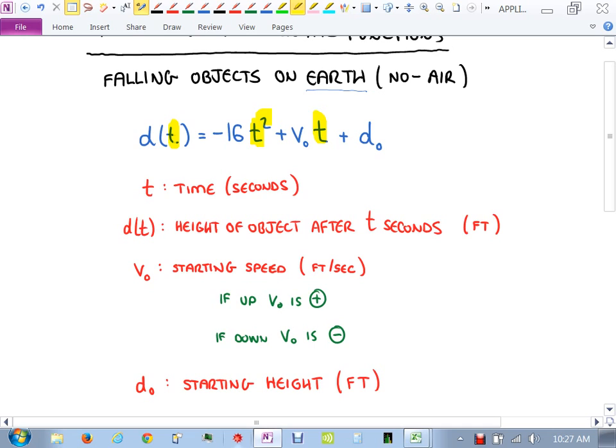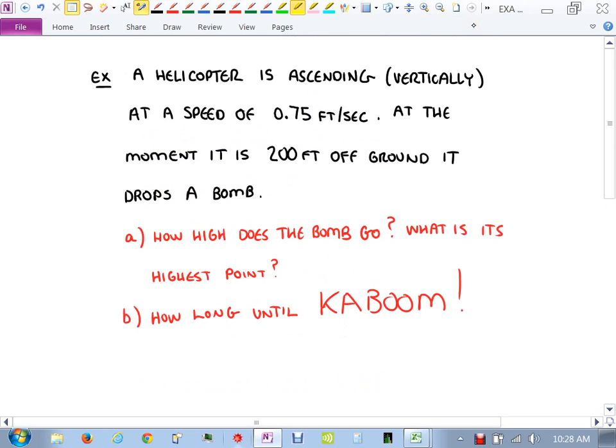What is a for us? Negative 16, which means that this parabola opens which way? Down, which means it has a highest point. That highest point corresponds to the highest point of our bomb. Make sense?